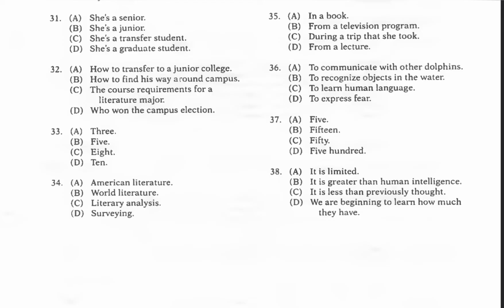Questions 35 through 38. Listen to a conversation between 2 friends. Wasn't that a fascinating lecture on dolphins? I didn't know that dolphins traveled in such large groups or were able to communicate with other members of their group with those whistle-like sounds. And they also use clicks as a sort of sonar.